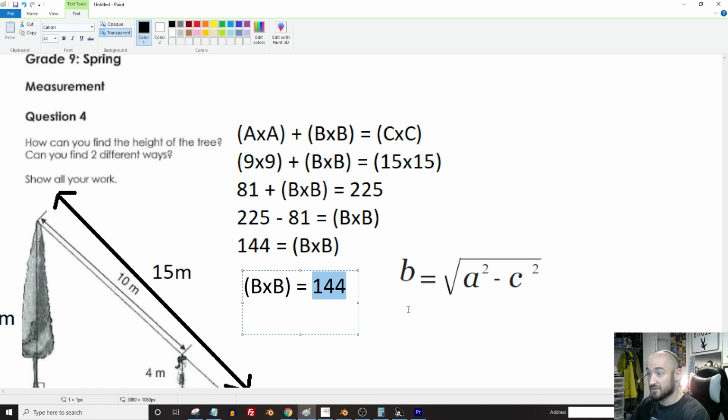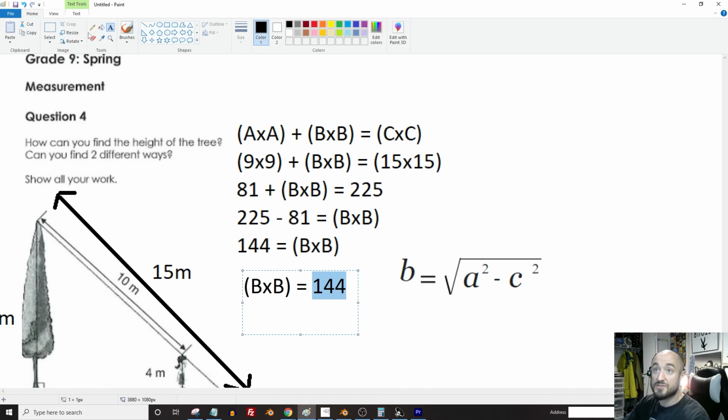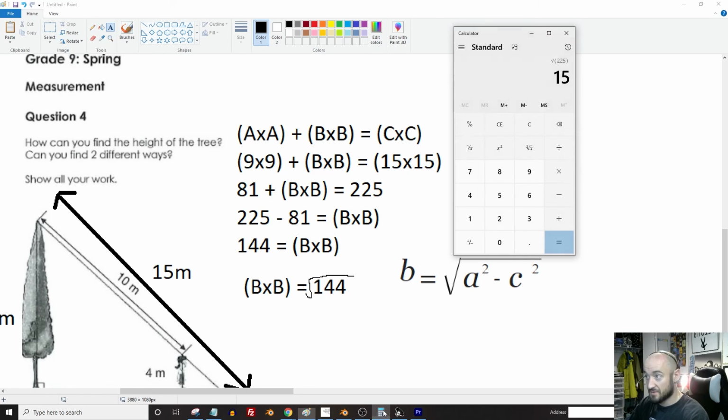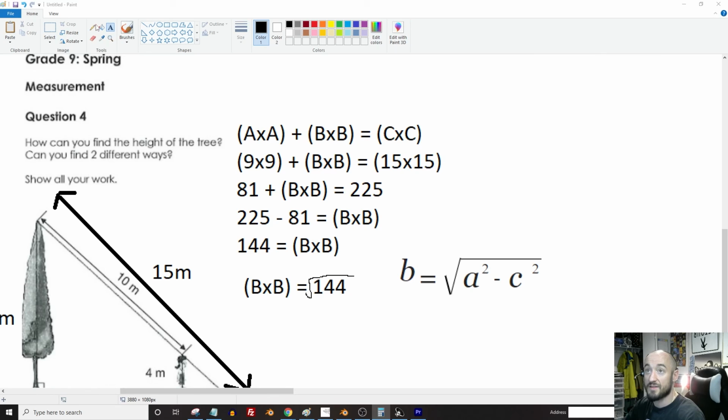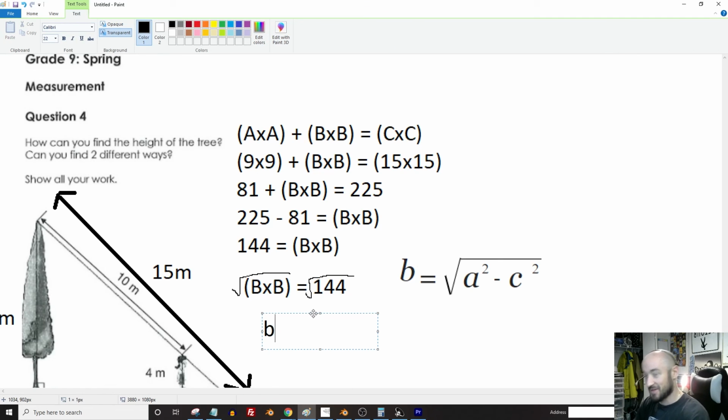I'm just going to draw one of these little lines here, that'll look like a square root. Square root of 144. 144 square rooted is 12. So that means we're also getting rid of our square on this side, right? Technically if we square root that, we get a single b. We're just removing the b times itself. So we get b is equal to 12.